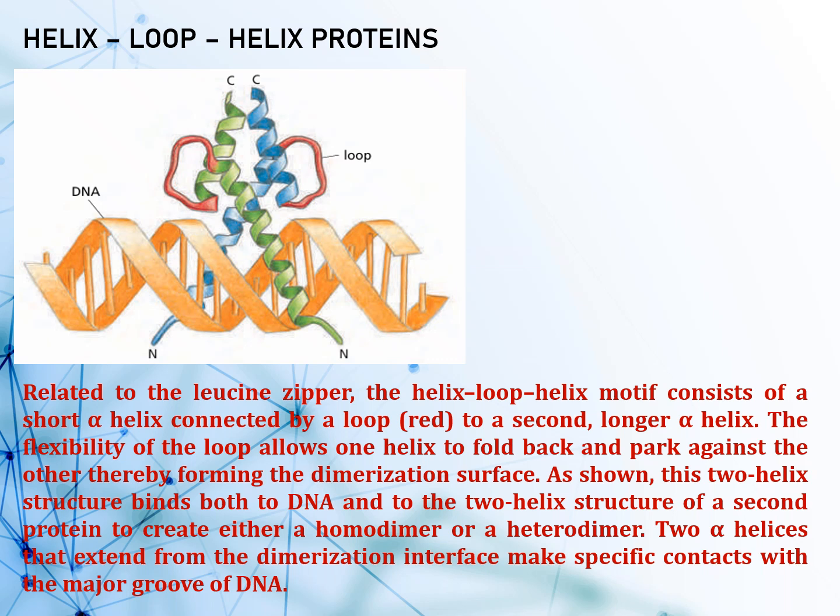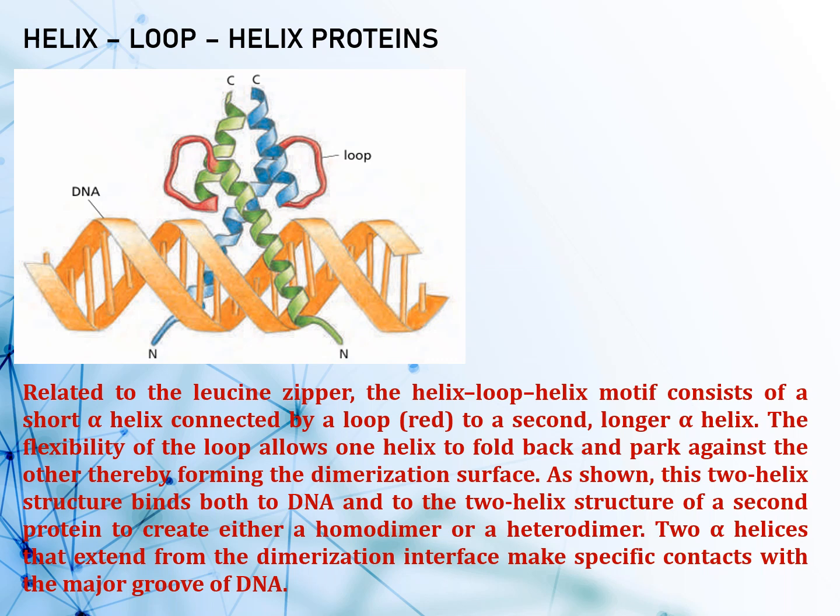The next one is helix loop helix proteins. Related to the leucine zipper, the helix loop helix motif consists of a short alpha helix connected by a loop to a second longer alpha helix. The flexibility of the loop allows one helix to fold back and park against the other, thereby forming the dimerization surface.